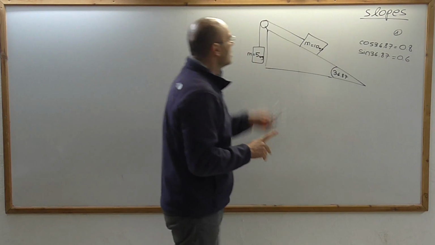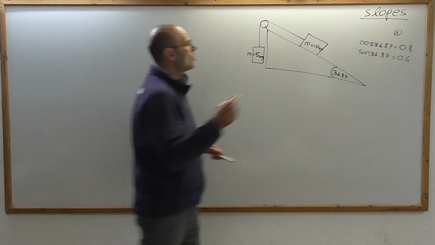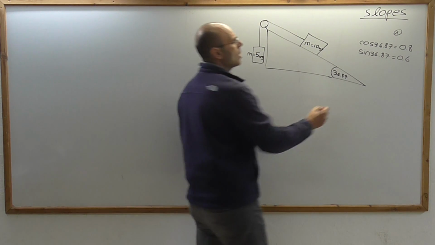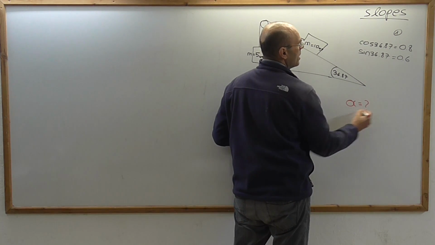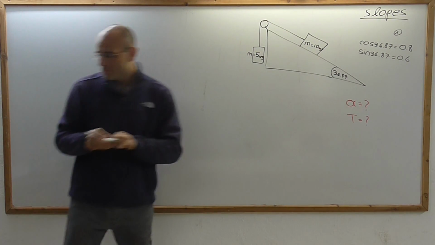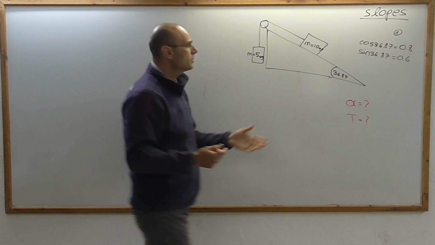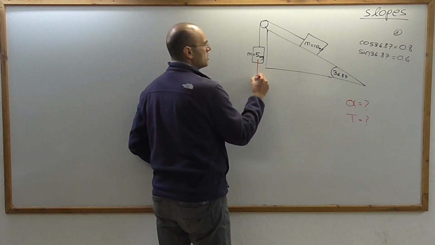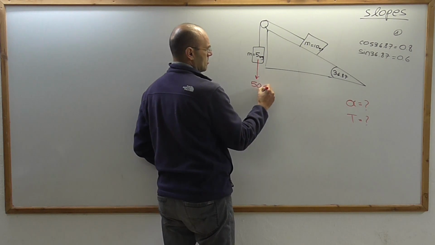So, the question is this: will this system accelerate? If so, I want the acceleration and I want the tension of the string. So, let's do it. First of all, we apply forces. Downwards, 50 newtons.